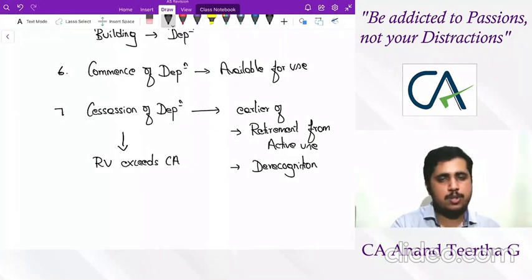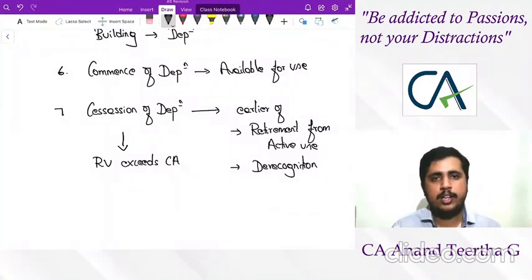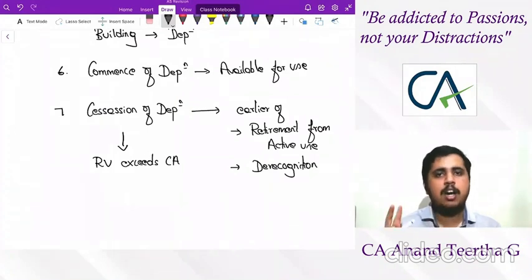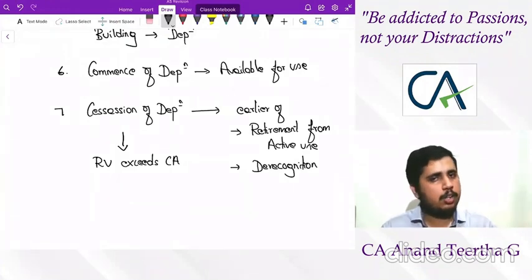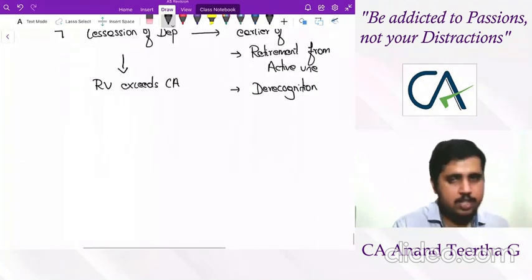We have to check these two terms, which I'll tell you later. We have to discuss that in detail. But either you start applying depreciation, but it is going below residual value, stop it. Or some other circumstances are happening: either it is getting derecognized or it is getting retired. Whichever is earlier, stop applying depreciation. Don't apply it afterwards. With this, depreciation will come to an end.